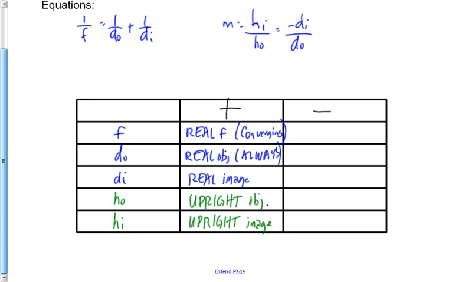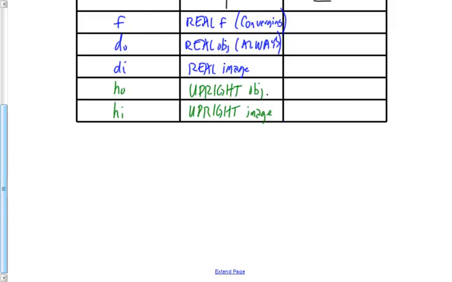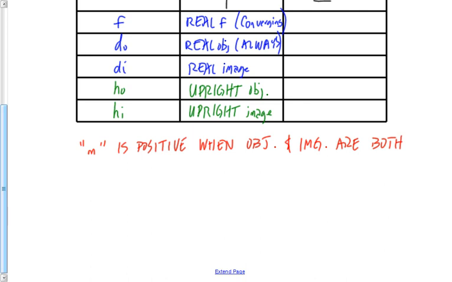Finally, magnification. Again, same deal with magnification. The magnification is positive when the object and the image are both on the same side of the principal axis.